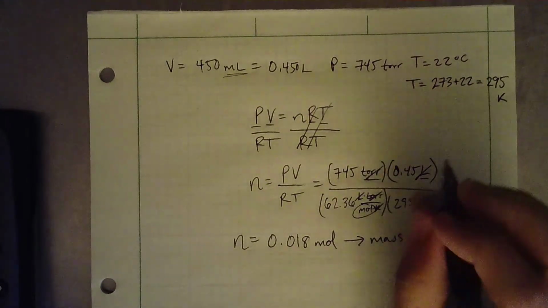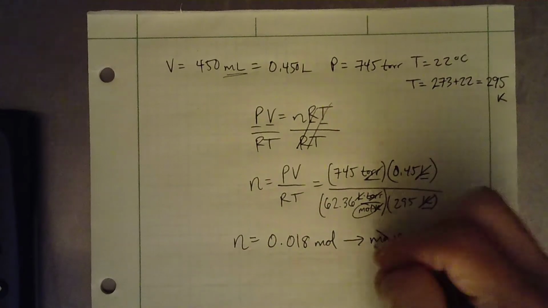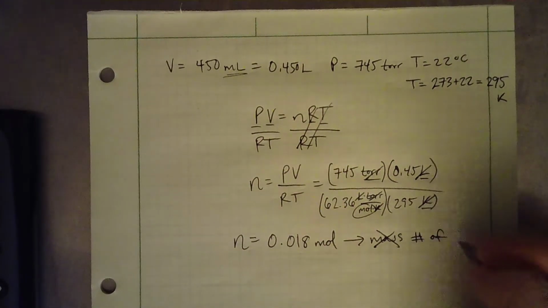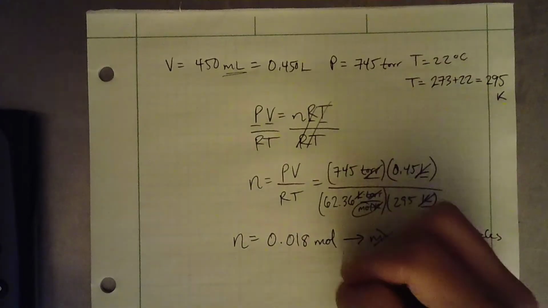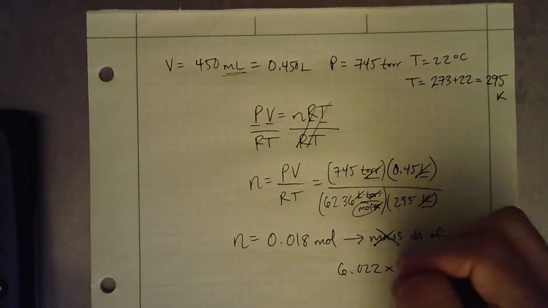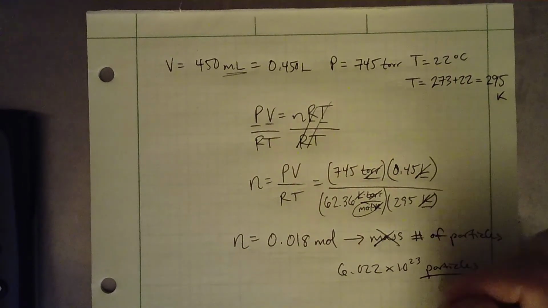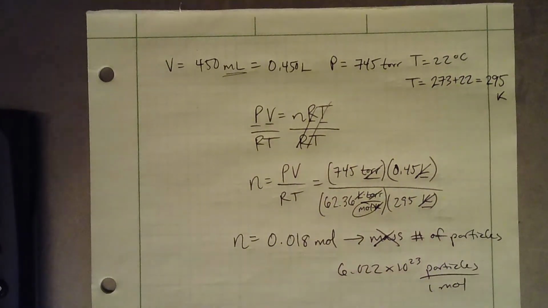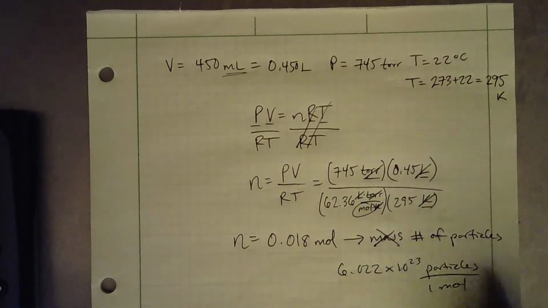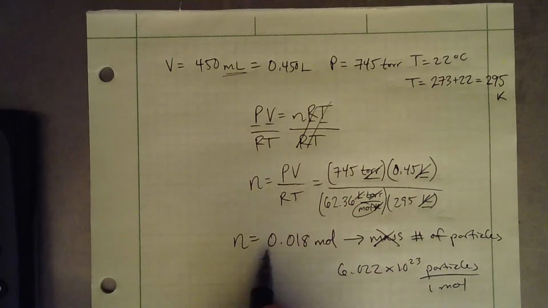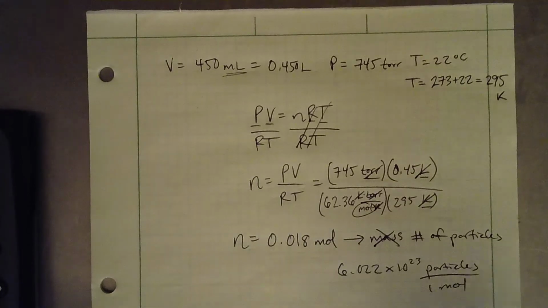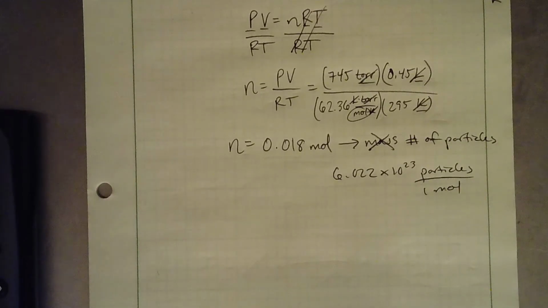Good news for us is that we're solving for number of particles, so we can just use Avogadro's number, 6.022 times 10 to the 23rd particles per 1 mole. In conjunction with our starting number of moles, this tells us how many particles we are breathing in.